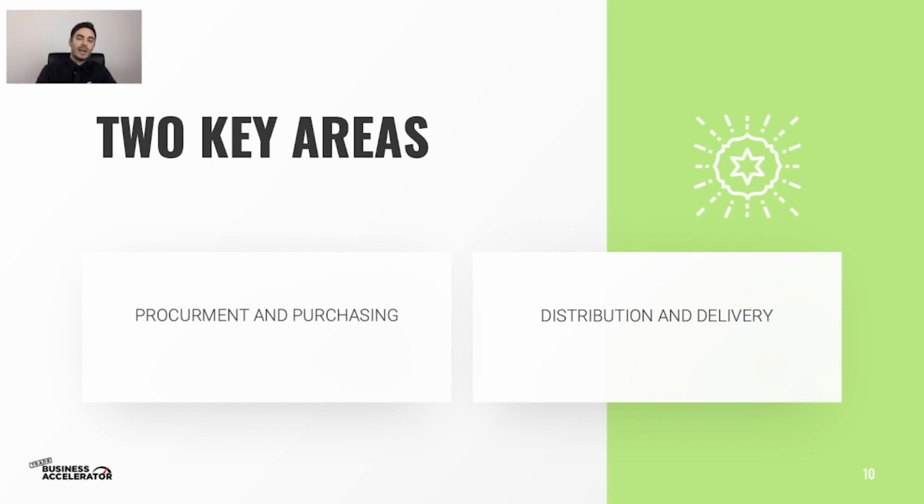So making sure that they are incurring as little cost in these areas as possible, so that your profit is as high as it can possibly be doing the same business activity. So these are the two key areas that we're going to be focusing on throughout this module and going through each section: procurement and purchasing, and then distribution and delivery.